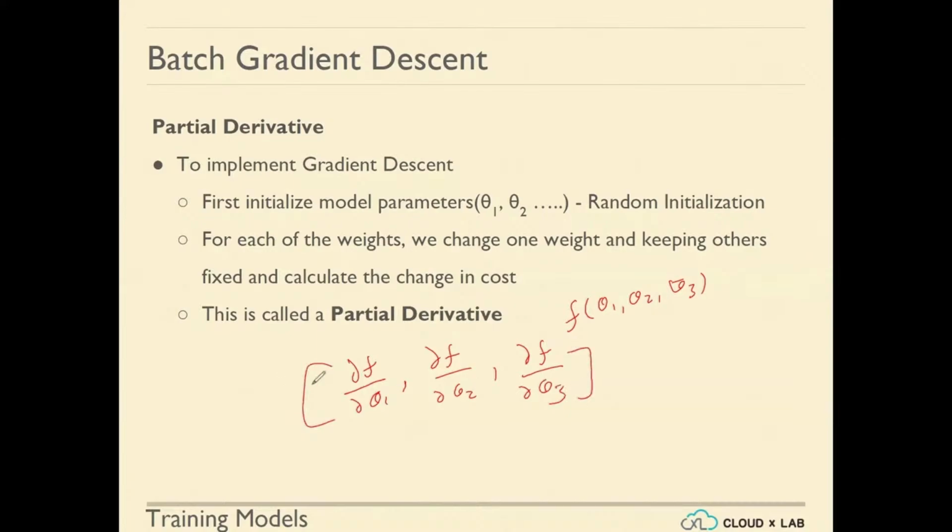So you will get a vector here. This vector is called the gradient vector, and we will use this gradient vector to update the model parameters, right?